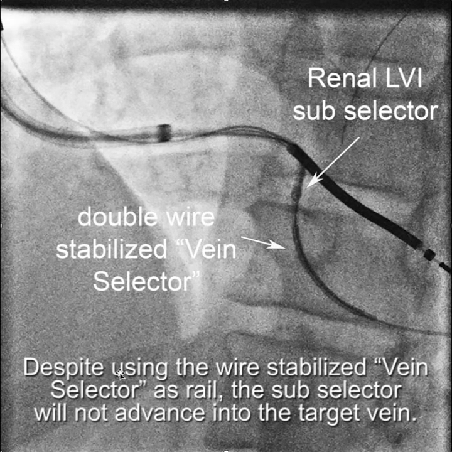However, despite having the vein selector stabilized and using it as a rail, we weren't able to advance the subselector over the vein selector, which is what you can usually do. You can usually advance this subselector over the vein selector into the branch, but in this case that wasn't possible.